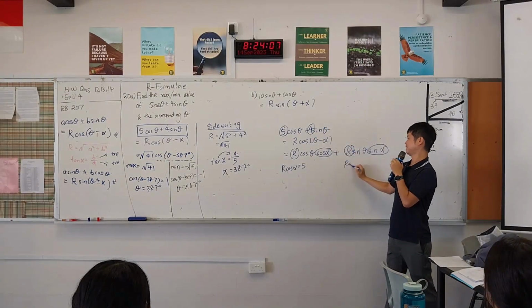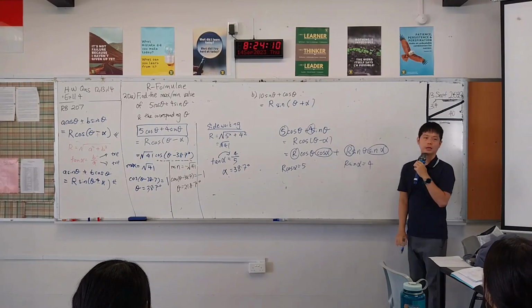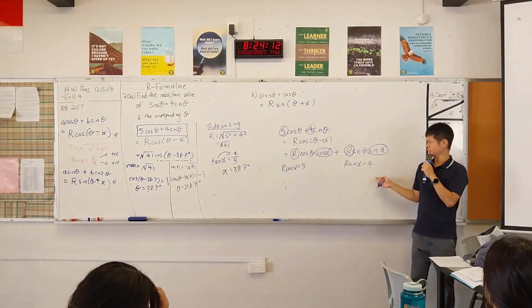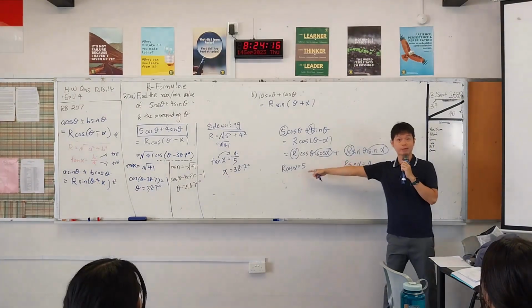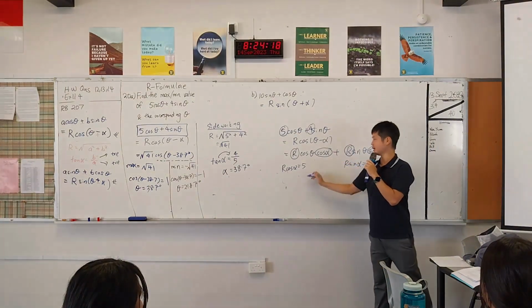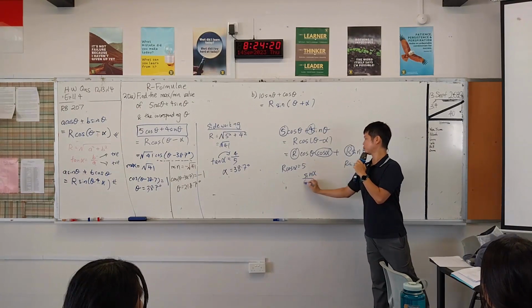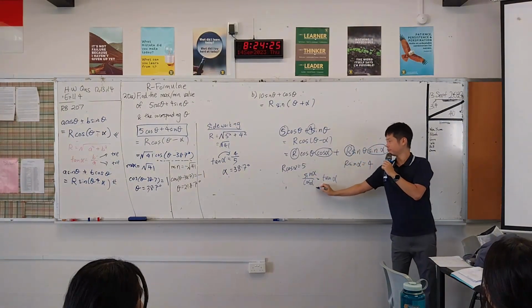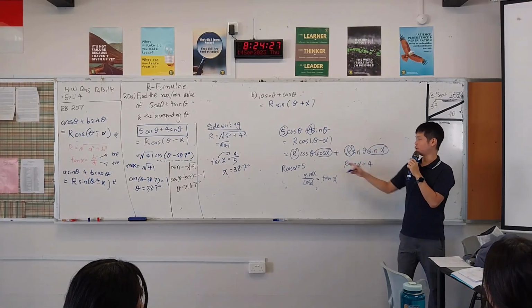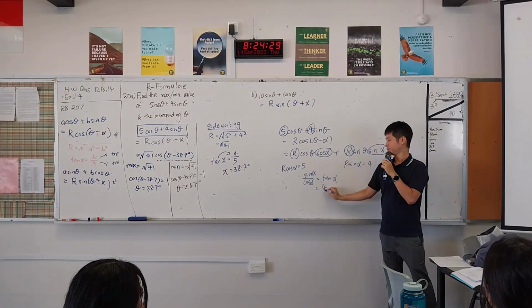So they will write R sine alpha equals to 4. I never teach them this, they go and derive themselves. Then I put sine over cosine, right? So sine alpha over cosine alpha, which is tangent alpha, right? What is the value? 4 over 5.